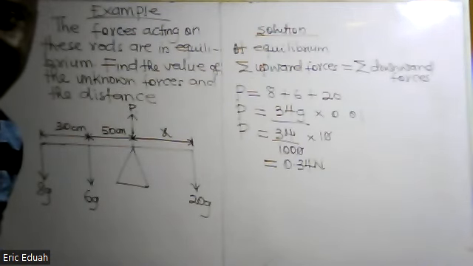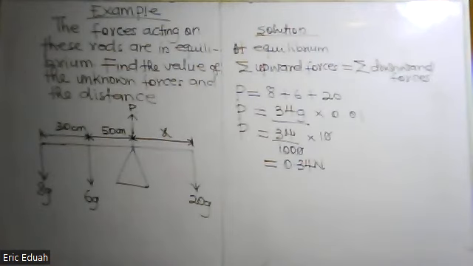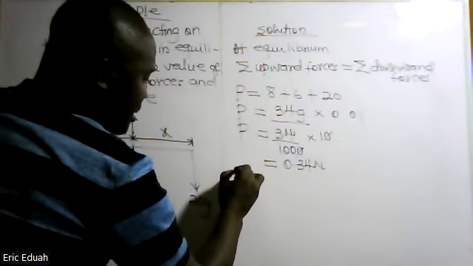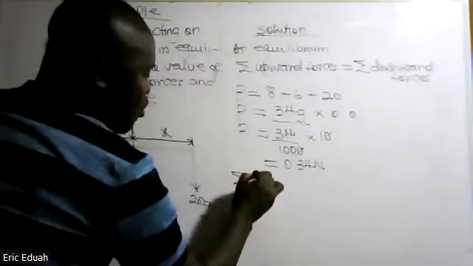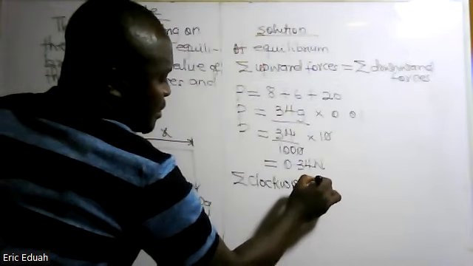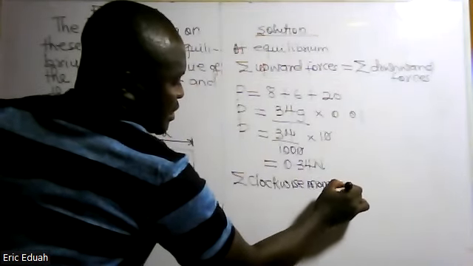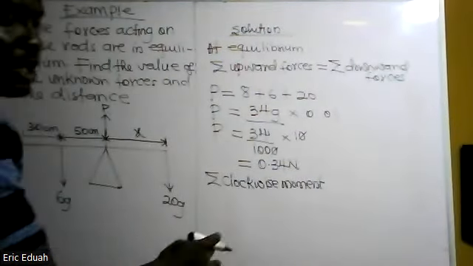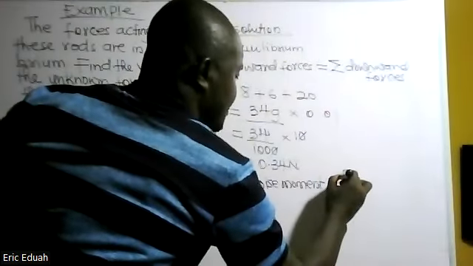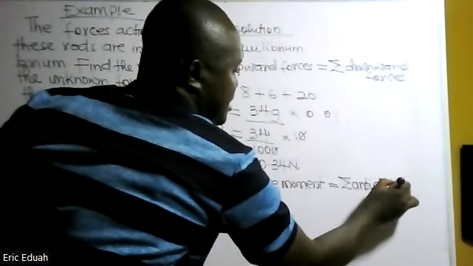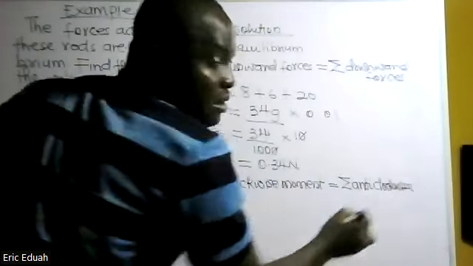We will determine X by considering the second principle of moment, which says that the sum of clockwise moment must be equal to the sum of anti-clockwise moment.